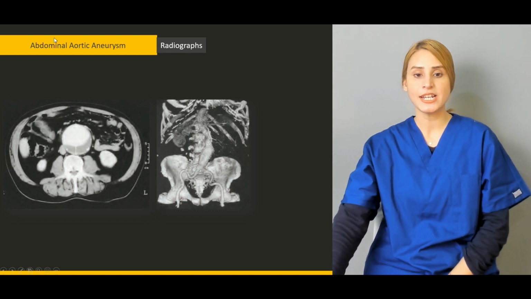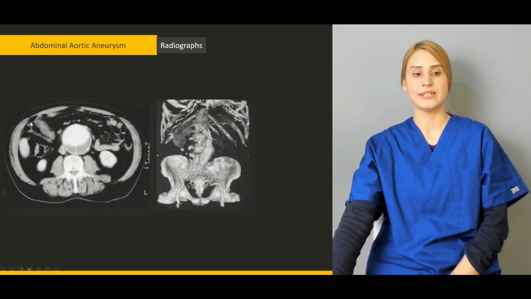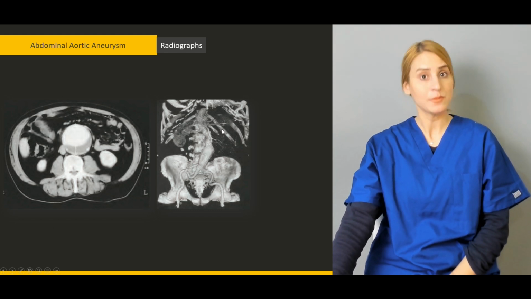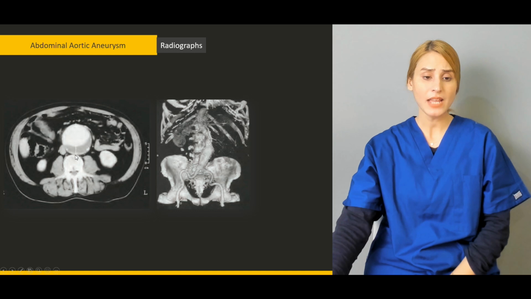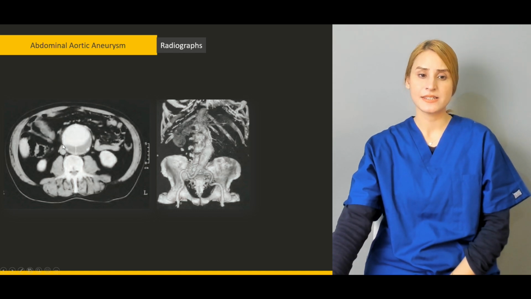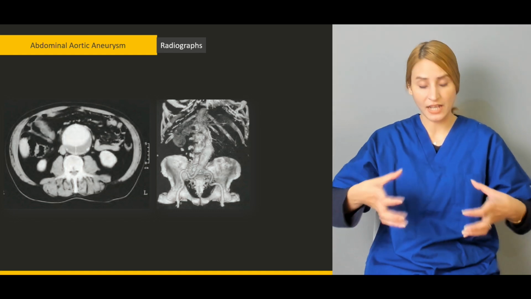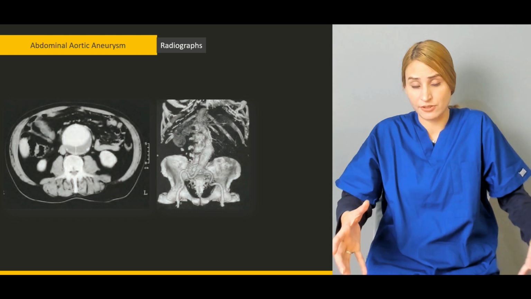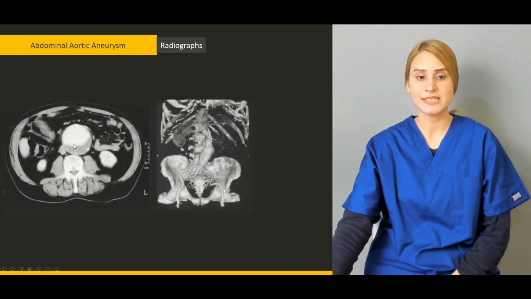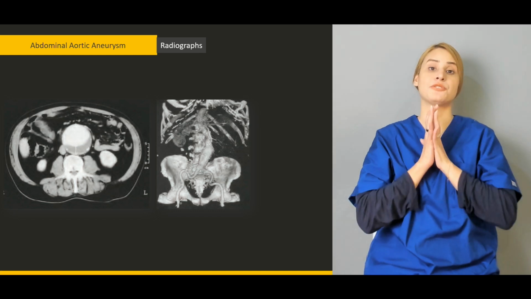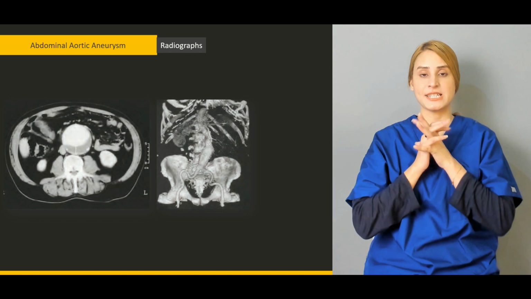If you can appreciate in the diagrams, there are two radiographs. One is the CT scan, and the other is the MR angiography. This is the part of the aorta, and you can see that there's a dilated aorta present in the center, and you can appreciate this very hyperdense lesion, which is showing you the aneurysm present in the aorta.